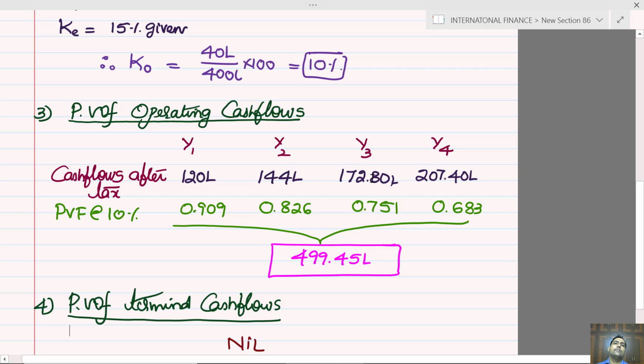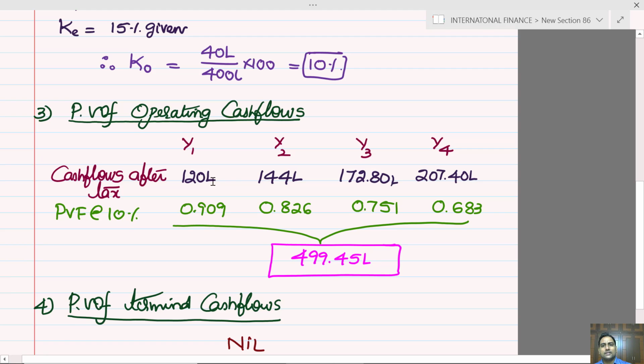See, every year, whatever amount I am going to get consists of two components: my principal recovery as well as some return. See, 120 lakhs, 144 lakhs, 172.8, 207.4.